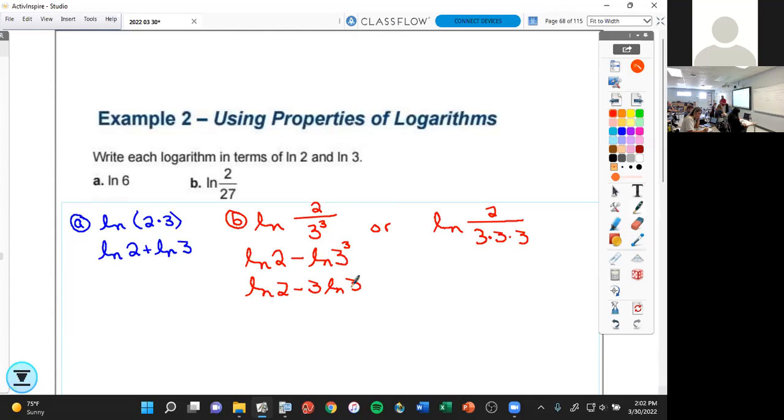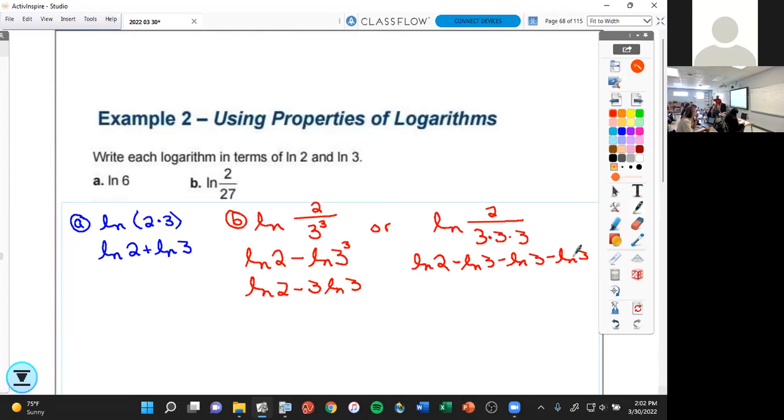Okay. So what about the person that decided to write it as 2 over 3 times 3 times 3? Let's expand that. Natural log of 2, minus natural log of 3, minus natural log of 3, minus natural log of 3. The 3s are on the bottom. Like I had XYZ on the bottom a while ago, right?